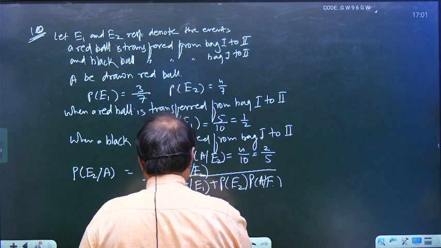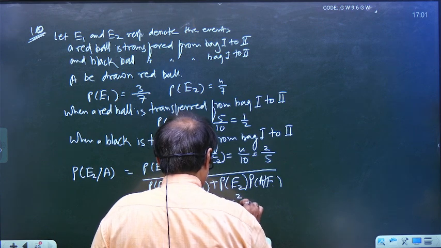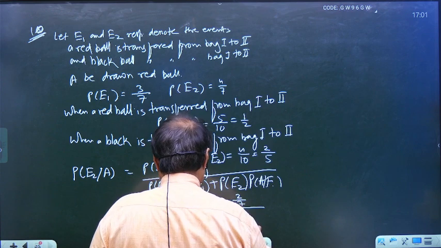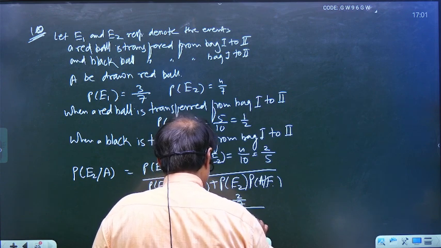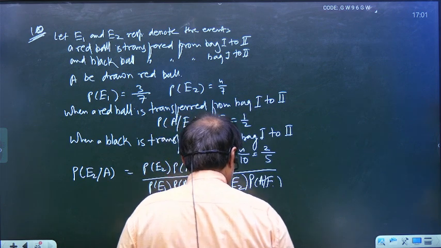So this 2 to the 4 cancels out. What is left? 2 by 7 divided by 3 by 14 plus 8 by 35.